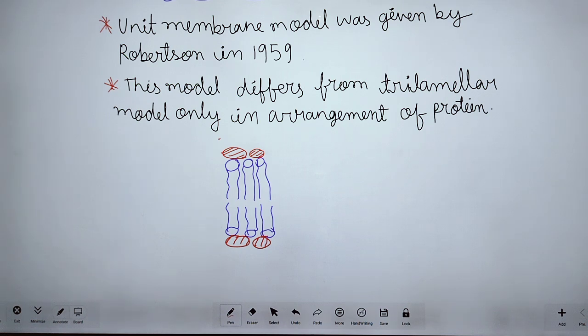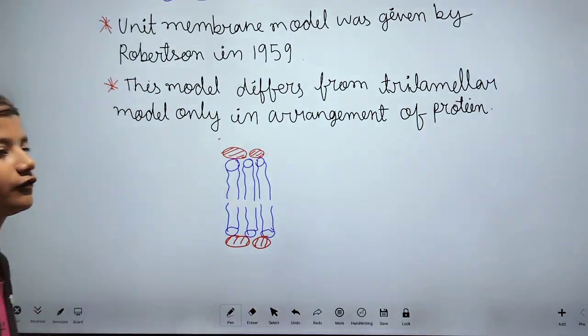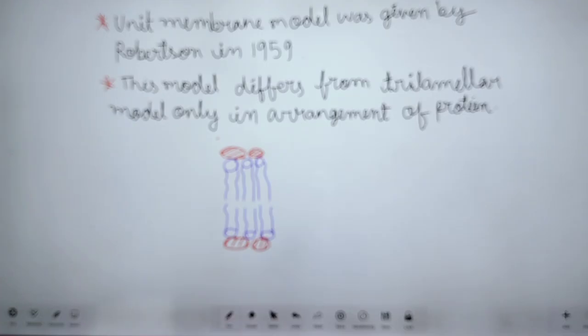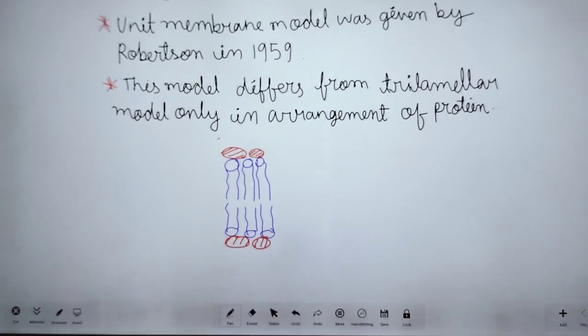According to the trilamellar model, the plasma membrane is made up of three layers, in which a bimolecular layer of lipid is sandwiched between two single layers of protein.